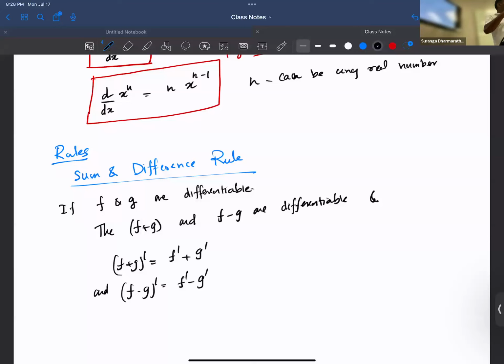Does that make sense? And the difference: the derivative of the difference is equal to the difference of the derivatives. You find the derivatives and find the difference.